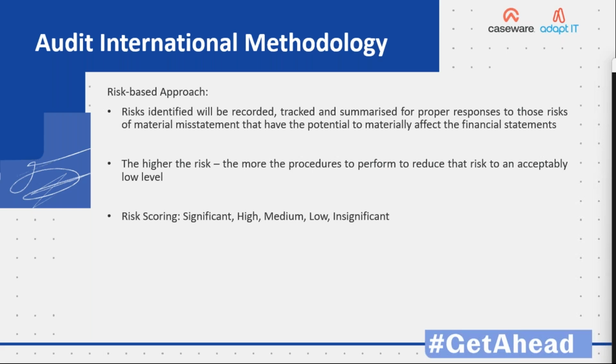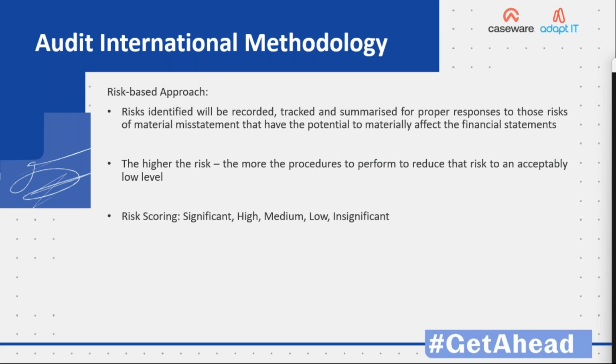The scoring of the risk of material misstatement, you'll hear me referring to RMM going forward, guides us for when we are going to perform audit work. So in Audit International, a risk is raised on the FSA, which is actually a critical document in your audit tool.